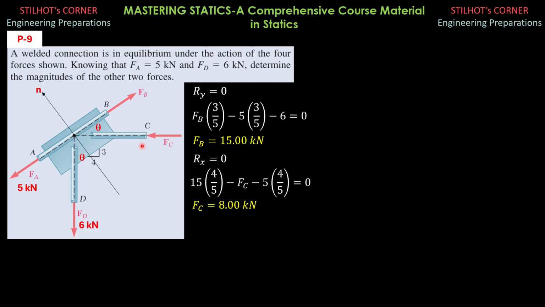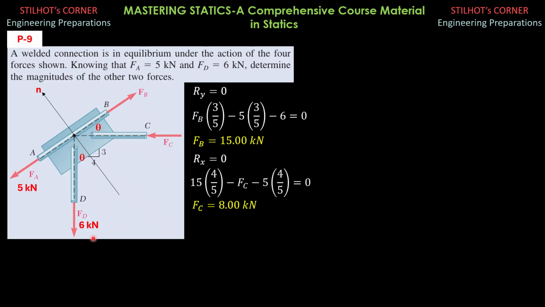Only these two forces are involved. So FC times sine theta, which is 3 over 5, because that's the normal component. This is opposite to theta, parallel to the n-axis. Then because the component of 6 kilonewton is going in this direction, opposite to n, it's negative, and it is adjacent to theta.